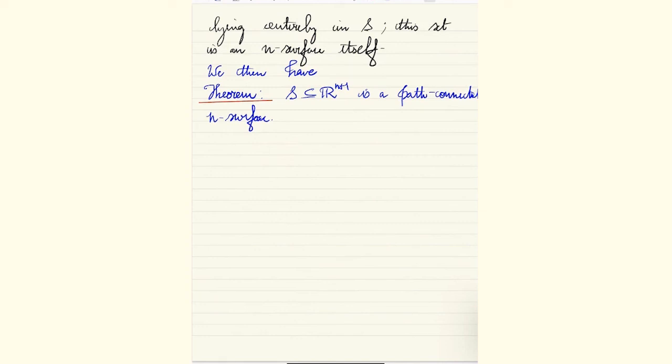Then there are precisely two unit normal vector fields, n1 and n2, and they differ merely by a sign.